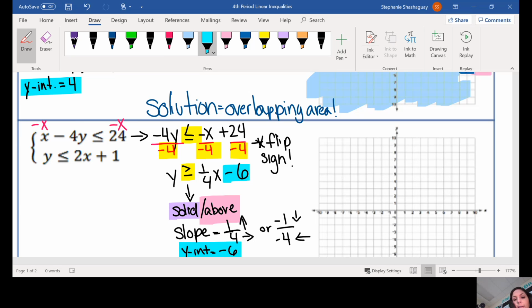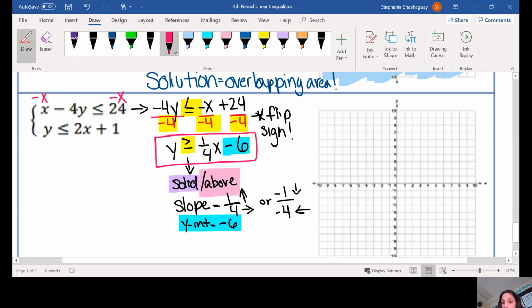So I'm going to start graphing this line. And because I'm going above, this is going to be my pink line. Okay. So my y-intercept is -6. So I'm going to go down to -6 and graph my point. 1, 2, 3, 4, 5, 6. And put my point.